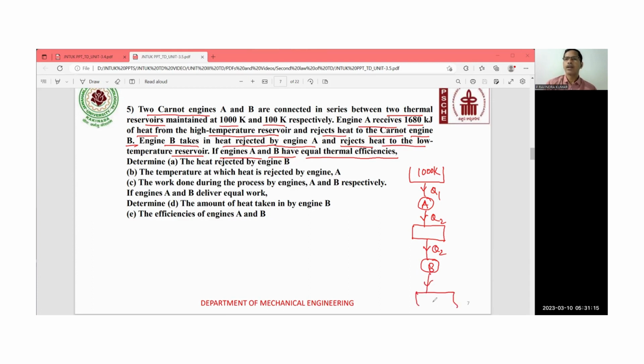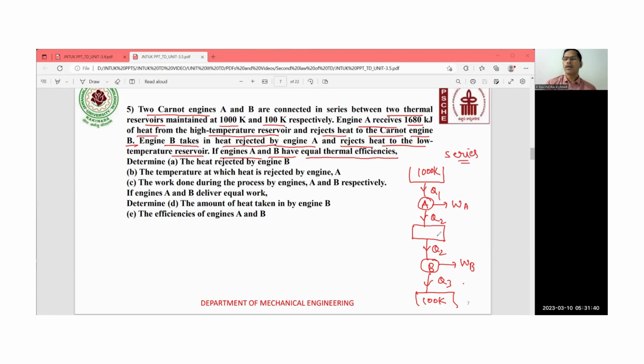This is nothing but 1000, sorry, it is 100 Kelvin only. So this is Q3, right? So here also you will get the work output from A, and here also you will get the work from B. So these engines are connected in series.